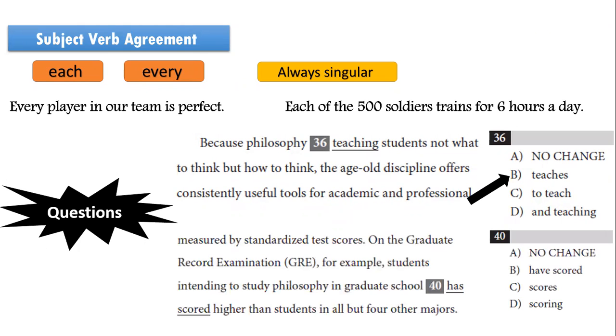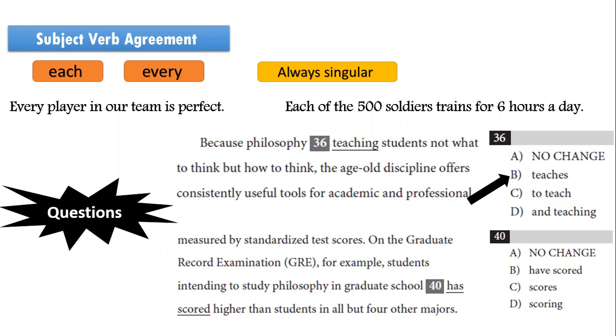Another question from another real test here. Measured by standardized test score on the graduate record examination, GRE, for example, students intending to study philosophy in graduate school has scored higher than students in all but 4 other majors. Is the verb has scored correctly structured or does it need to be changed?